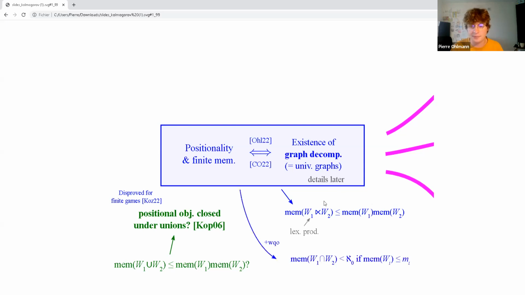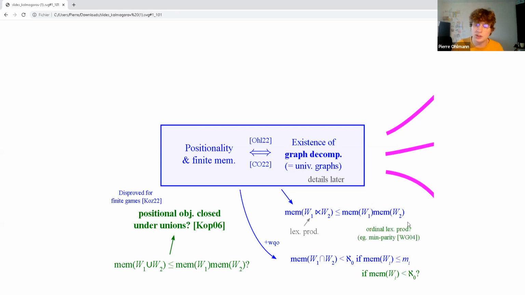I will also explain what this is in the remainder. And it is also the case, thanks to this tool, that the memory of an intersection is locally finite if both have finite memory. I don't know if this holds if we just assume that both objectives have locally finite memory. So this is an open question about a closure property.